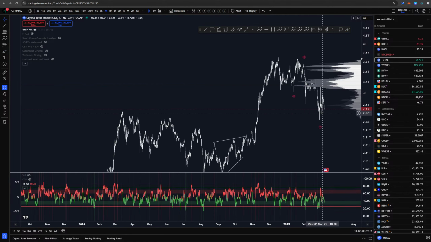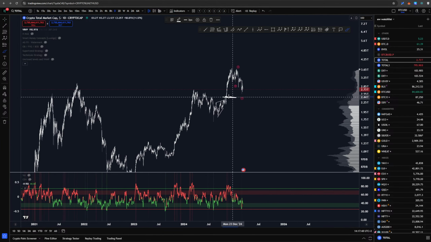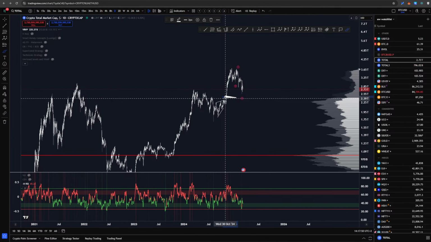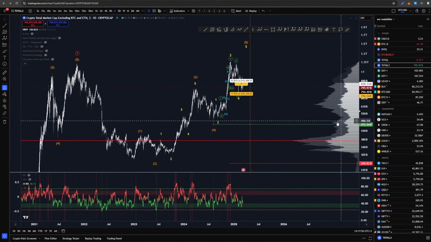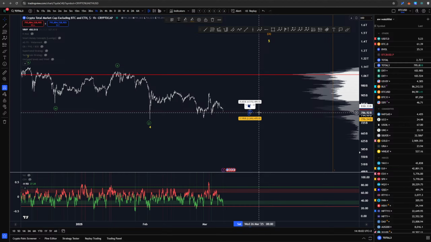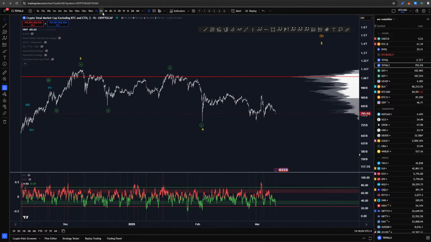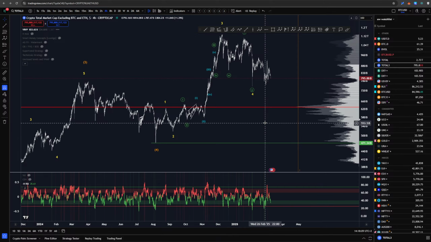5. Total is not looking too bad, as long as we don't come back to these areas here around 2.4 trillion market cap, then I think we are still fine on that one, and we're still looking for this whole thing on total 3, which is excluding the Bitcoin and ETH. I'm still hopeful that we have the wave 4 low.